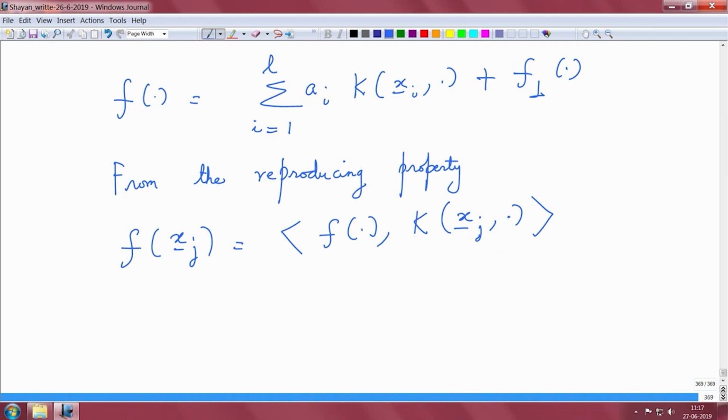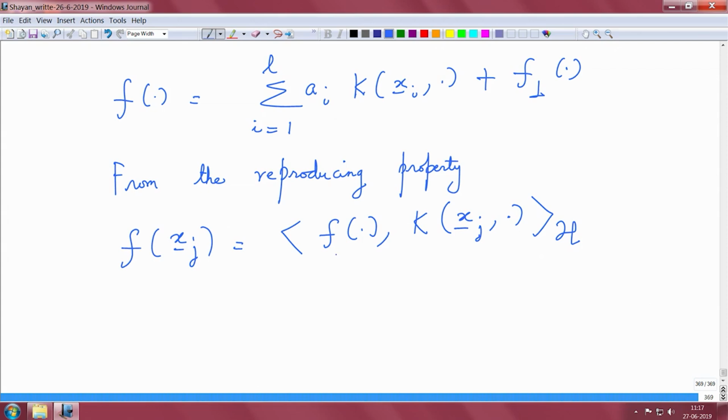So, I take the inner product of the function with the kernel and I get back the function, right, where this inner product is over this Hilbert space.